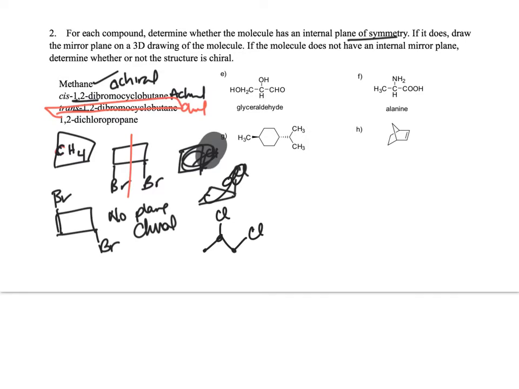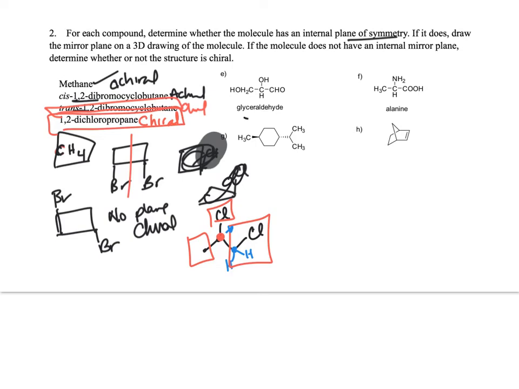Let's look for an asymmetric carbon. This carbon here is bonded to 2 hydrogens, so it's not asymmetric. This carbon here, though, is bonded to a chlorine, a methylchlorine, a methyl, and a hydrogen. So this would have an asymmetric carbon, and therefore this would be a chiral compound.